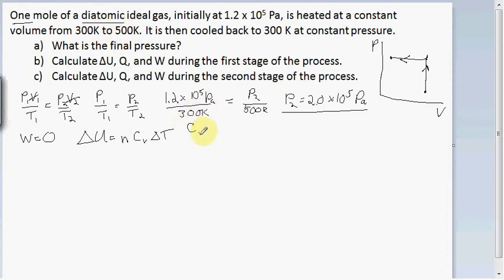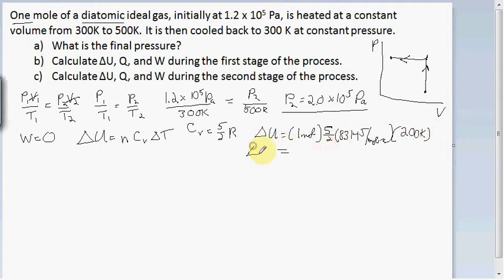C sub V for a diatomic ideal gas is usually going to be 5/2 R, so delta U is equal to 1 mole times 5/2 times 8.314 joules per mole Kelvin times 200 kelvins. And so delta U is equal to 4,160 joules.